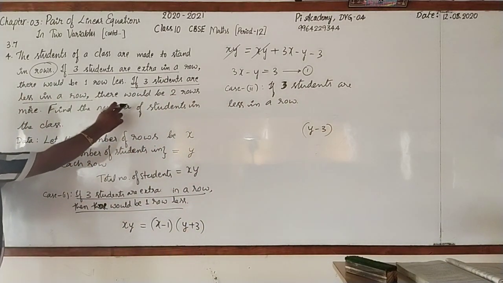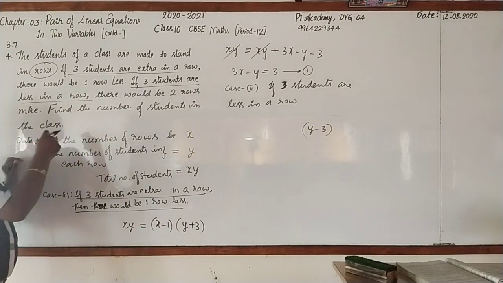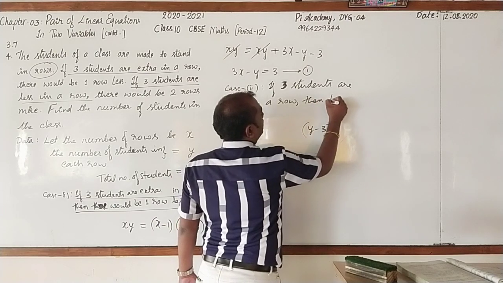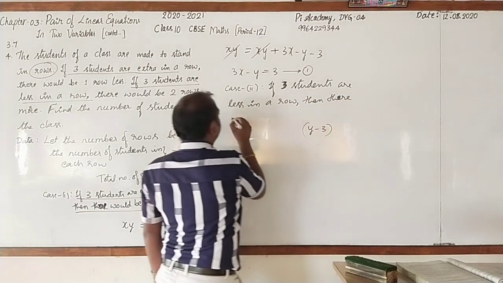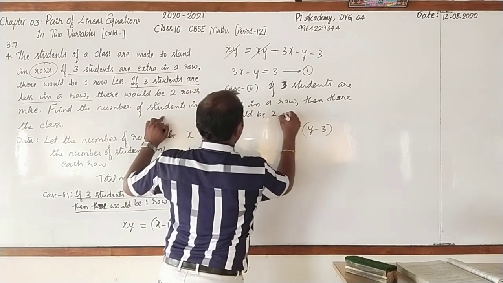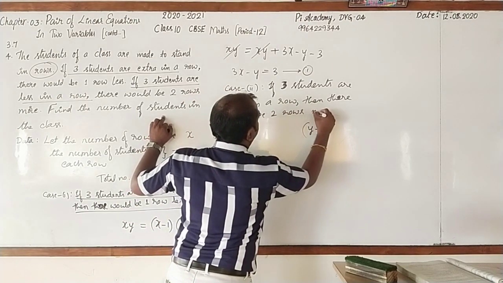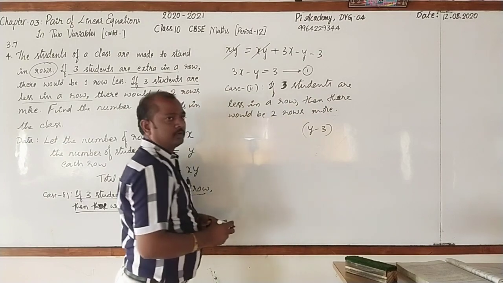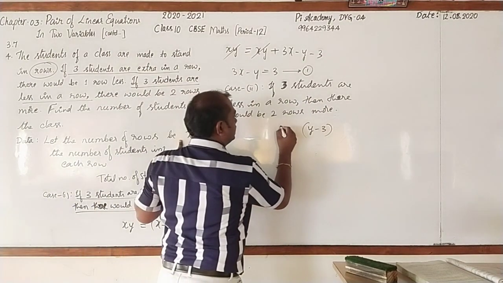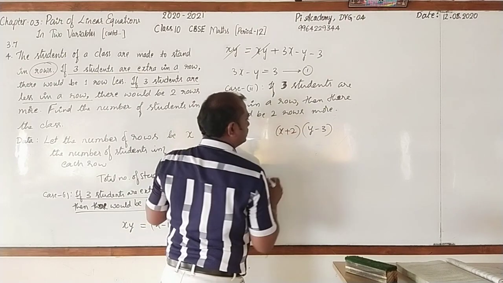Then there would be 2 rows more. How many rows are there? X. It increases by 2, means X plus 2.